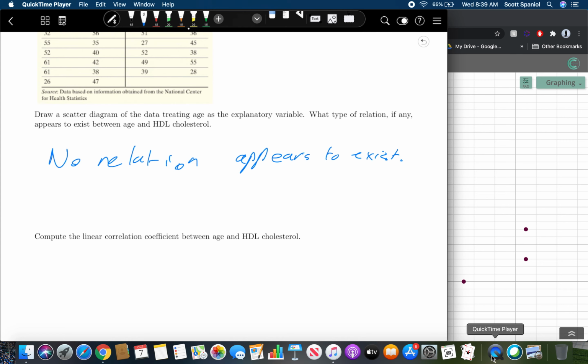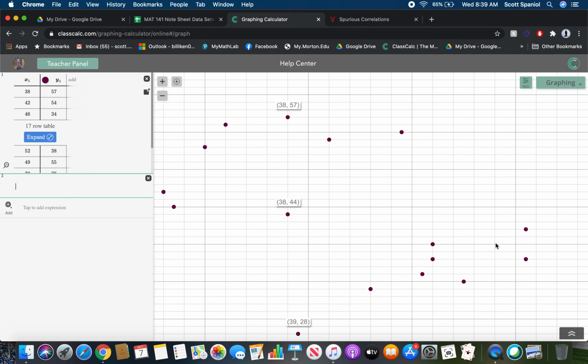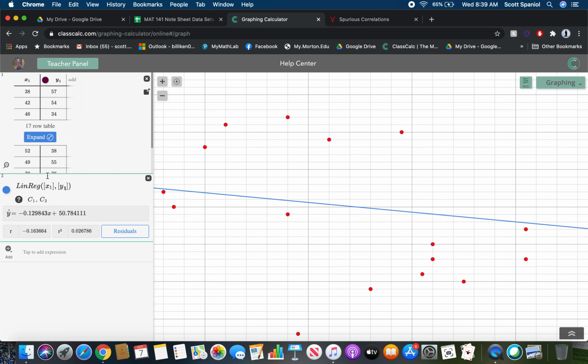Let's see if the correlation coefficient backs us up on that. So let's do LinReg. You can type that in by just typing in LIN. We'll get you here, x sub 1, y sub 1. In this case, we get an R value of negative 0.164.